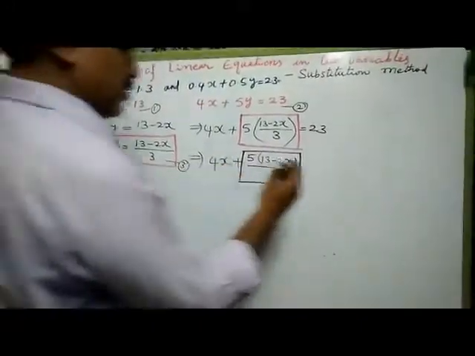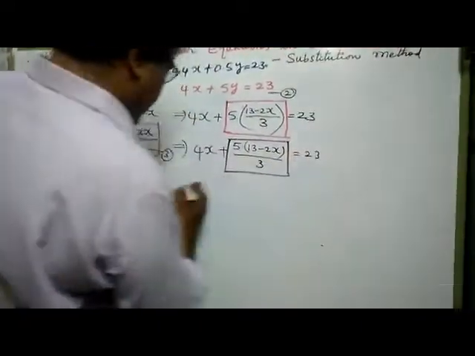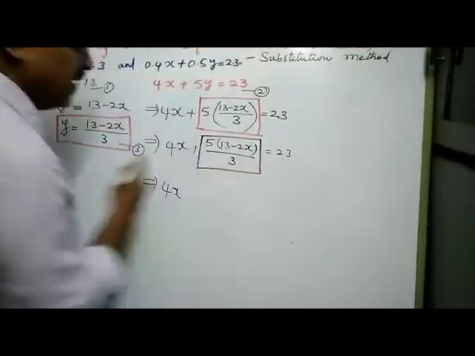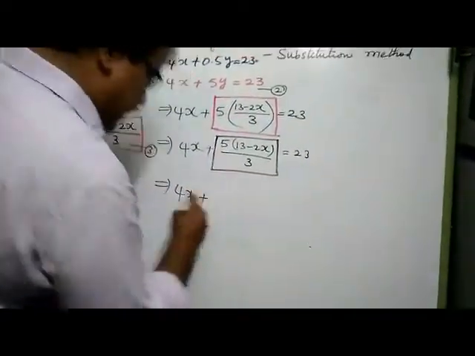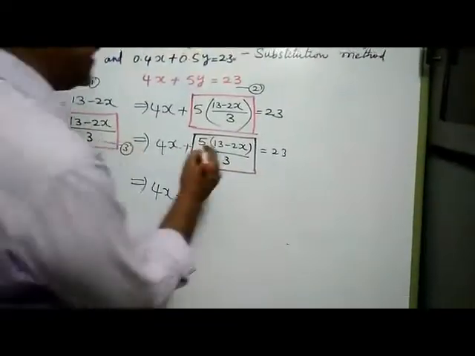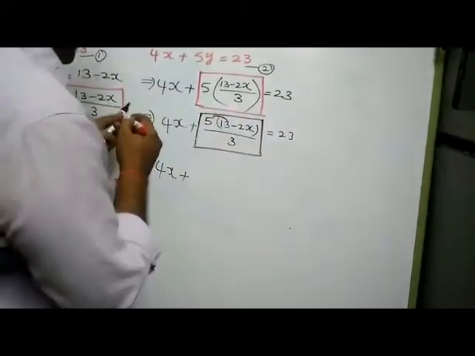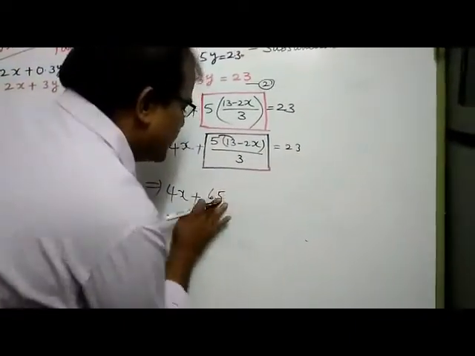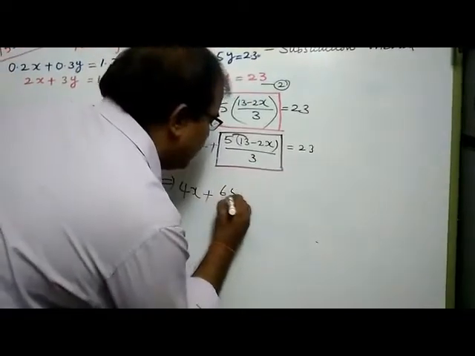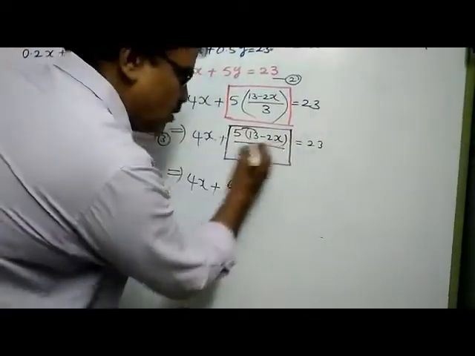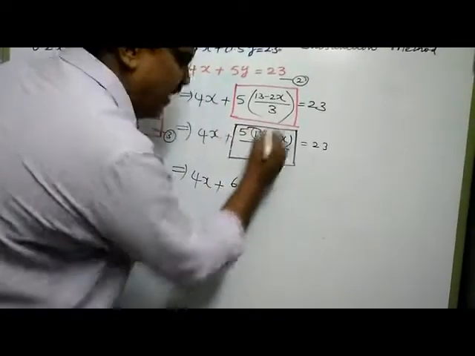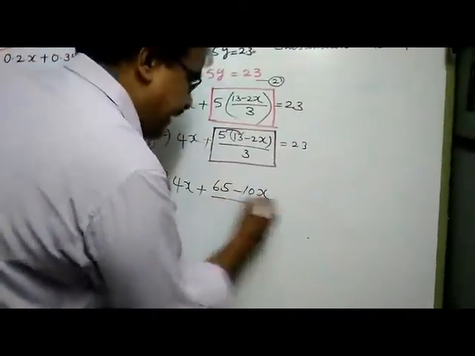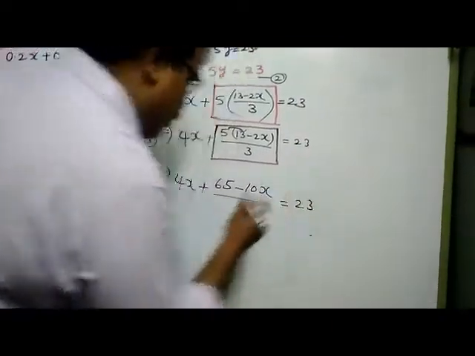That implies 4x plus 5 13s, by the distributive property, 5 13s are 65, minus 5 2s are 10, so 10x by 3 is equal to 23.